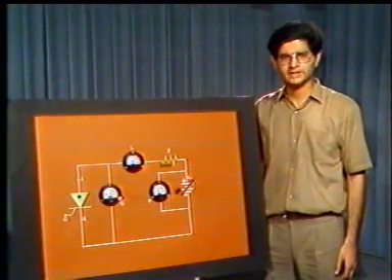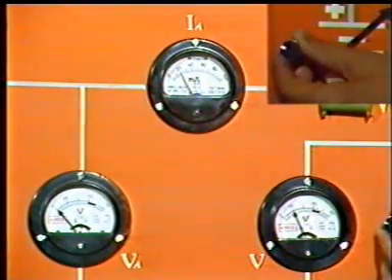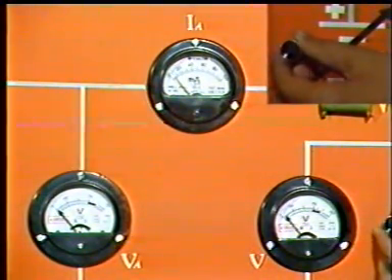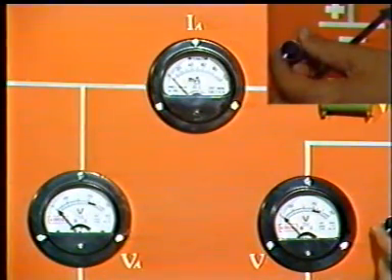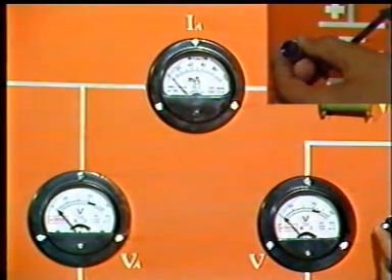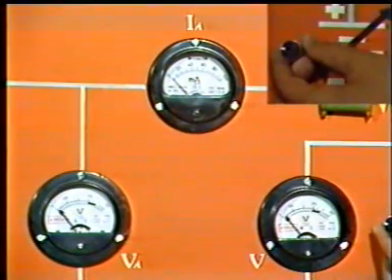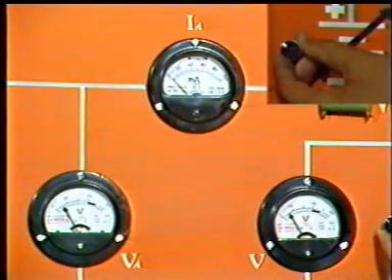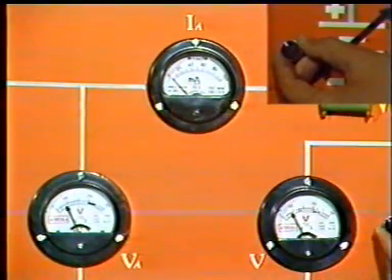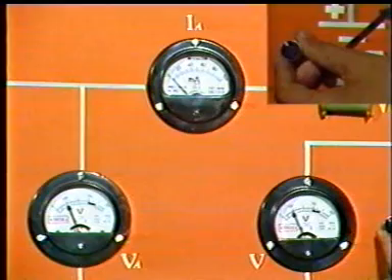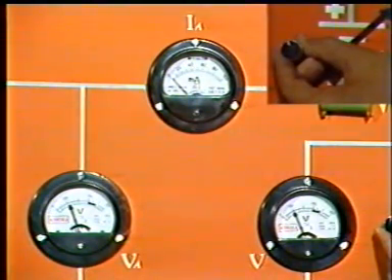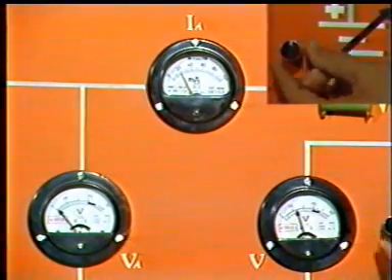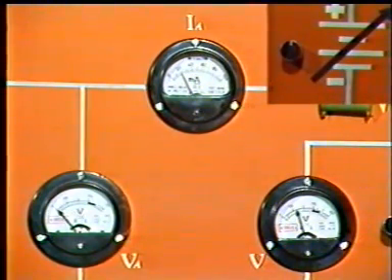Let us watch that again. I increase the voltage. Now it is about 100 volts. I increase it further. At about 115 volts, the current through the SCR increases abruptly and the voltage across it falls.